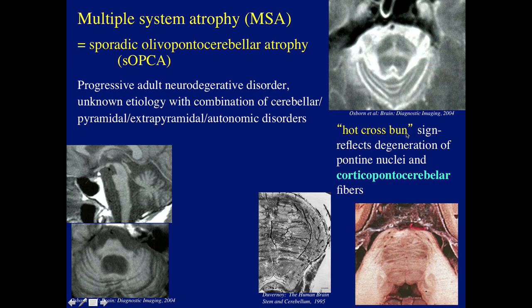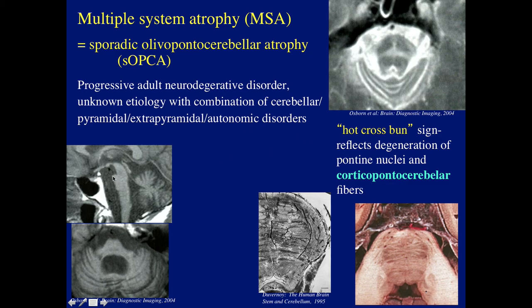Okay, a new condition. What is this? This is the famous hot cross bun, which reflects degeneration of the pontine nuclei and the corticopontocerebellar fibers. And multi-system atrophy, also known as sporadic olivopontocerebellar atrophy, or MSA, is a progressive adult neurodegenerative disorder with unknown etiology and has cerebellar, pyramidal, extrapyramidal, and autonomic disorder.